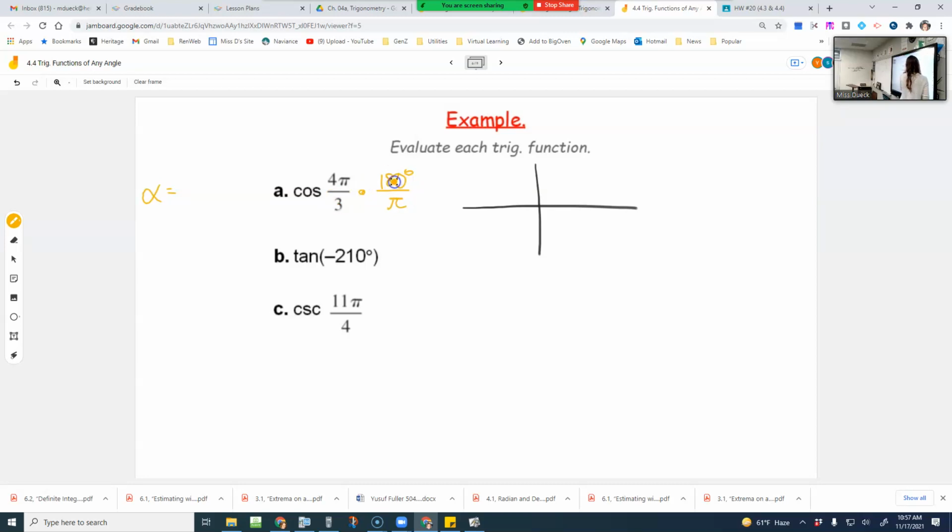What's 1/3 of 180? 60. If you have thirds of 180, you're talking about 60s. If you have fourths of 180, you're talking about 45s. And if you have sixths of 180, those are those weird radians that show up.